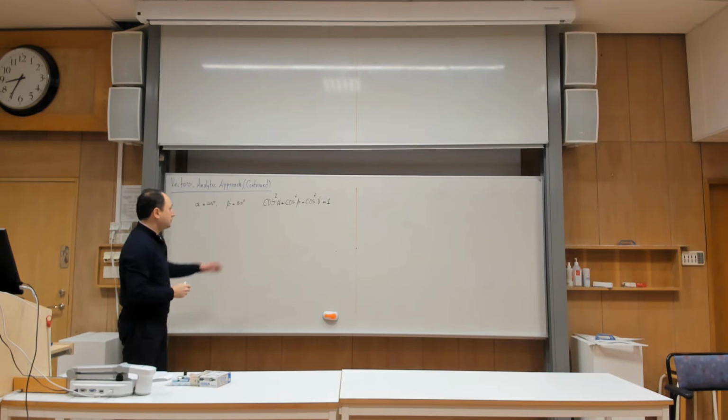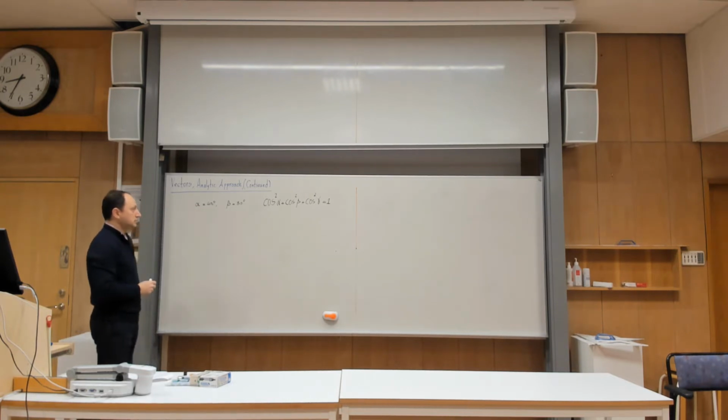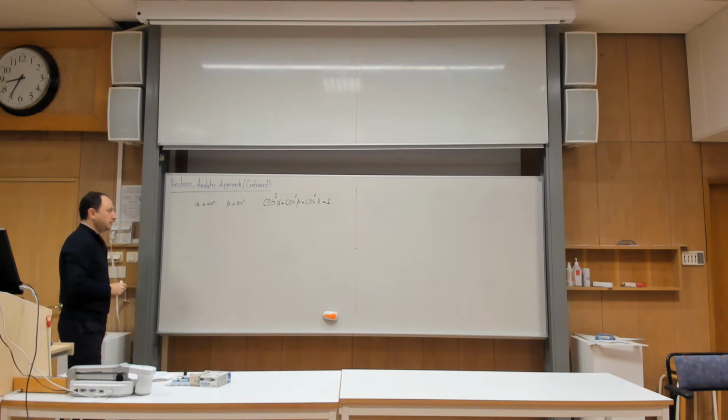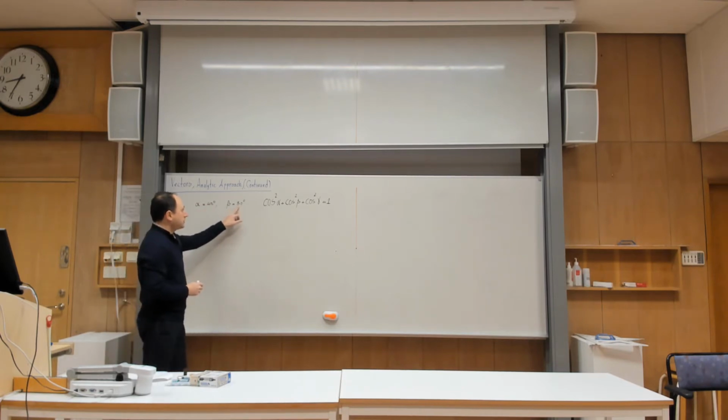If alpha, beta, and gamma are the angles that a given vector makes with these axes, this is the relation that we got yesterday. Okay, so if alpha is going to be 45 and beta is going to be 30, let us plug them in this equation and see what happens.